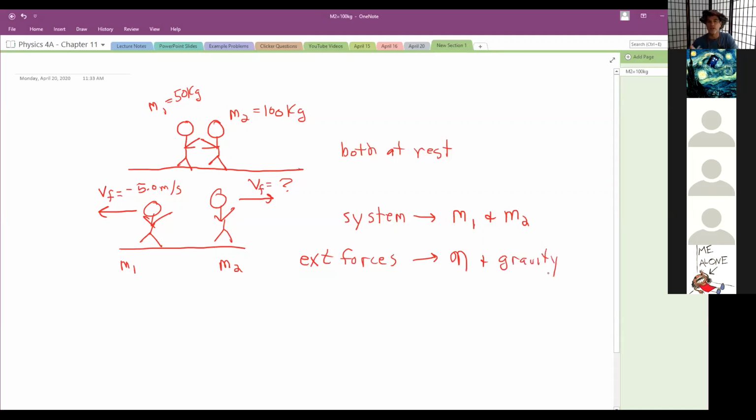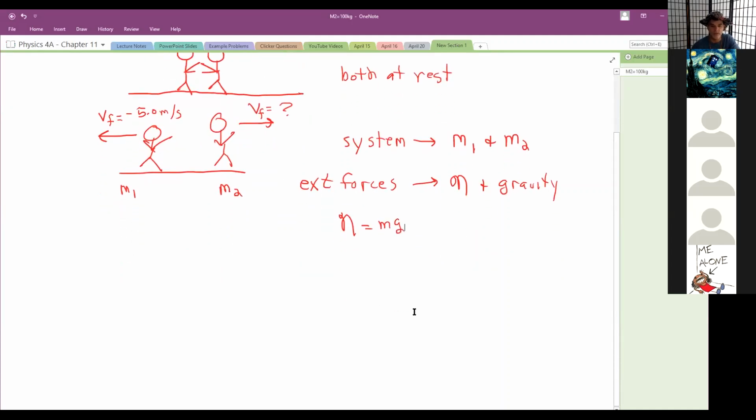But as long as there's no acceleration in the y direction, the normal force is going to equal the force of gravity on each person, which means that the sum of the external forces on this system is 0, which means my final momentum is going to be equal to my initial momentum. In general, the momentum of a system is just the sum of the momentum of each object.